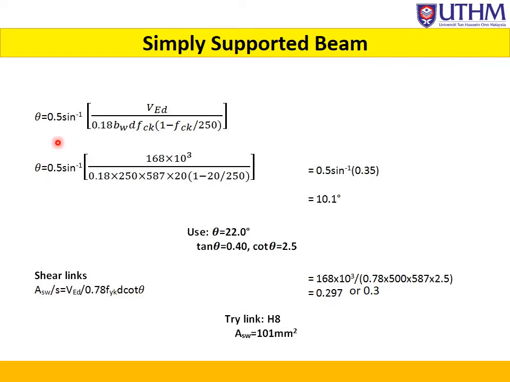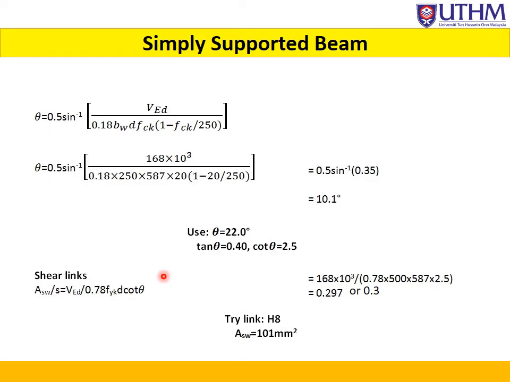We now calculate the exact angle using this formula. We get 10.1 degree. Since the range of angle for shear crack is between 22 to 45 degree, in this case we do not need to use 10.1. We can use angle 22 degree, where cotangent 22 degree is 2.5.